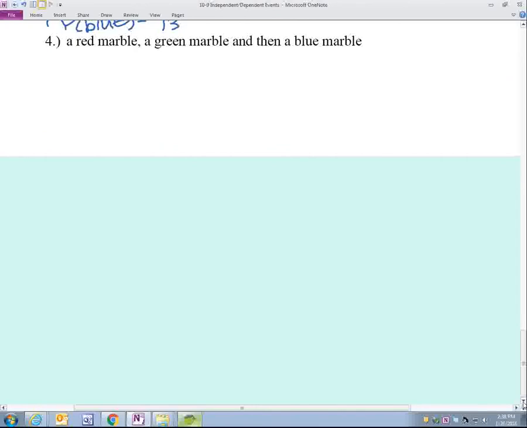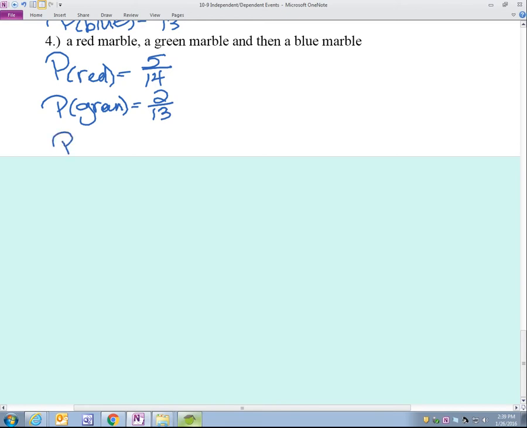A red marble, and then a green marble, and then a blue marble. The probability of a red marble is what? Joey? 5 out of 14. Then that red marble is not put back. We have then a green marble, which is 2 out of now 13. Then the probability of drawing a blue marble after that.